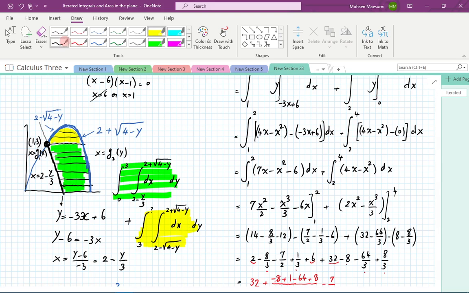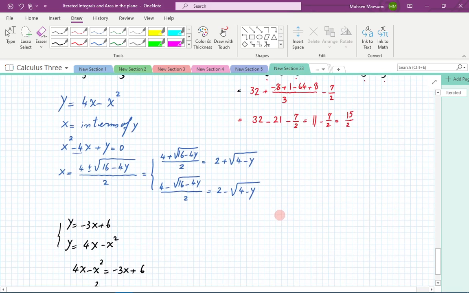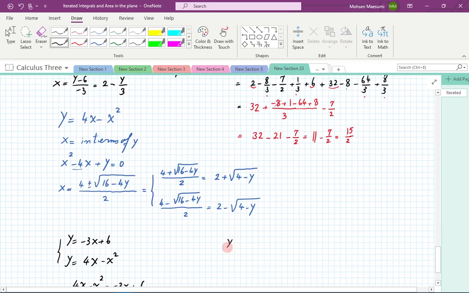Perhaps you want to pause this and think about it and then come back with an answer. So I start at 3. Where do I stop? Well, that's the highest value that I have there. The highest value will be 4, or if you want to work it separately, if y is 4x minus x squared, what's the highest value of y?